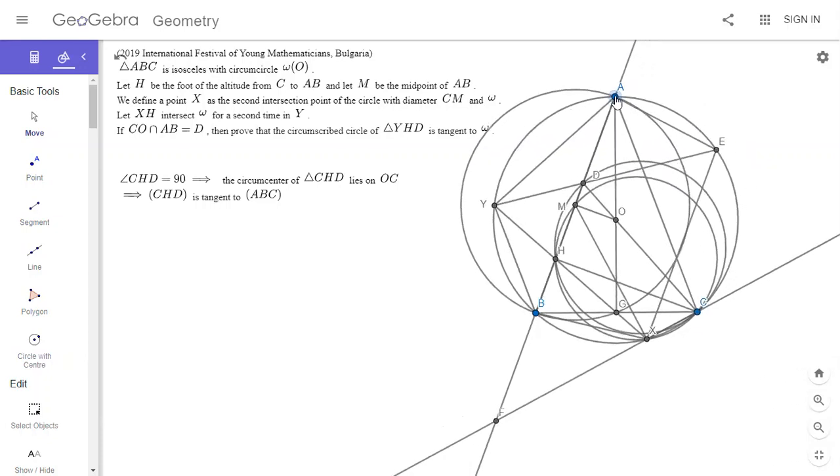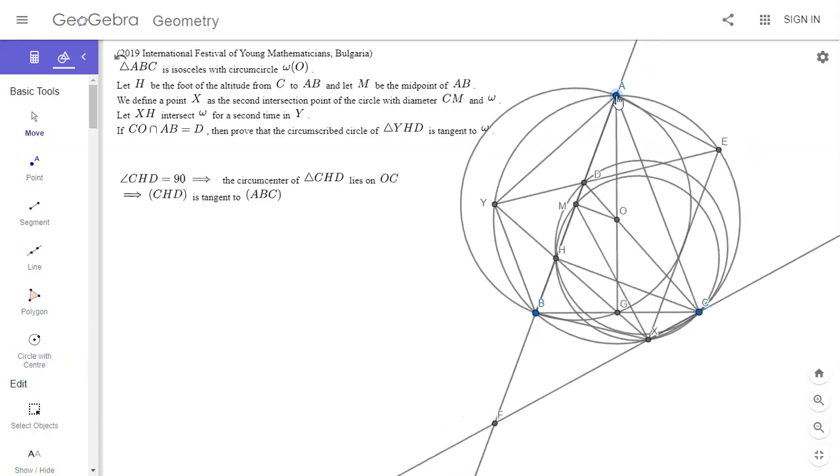Okay, now I feel like I'm getting somewhere. So these concur, it looks like. This is the orthocenter of ABC.